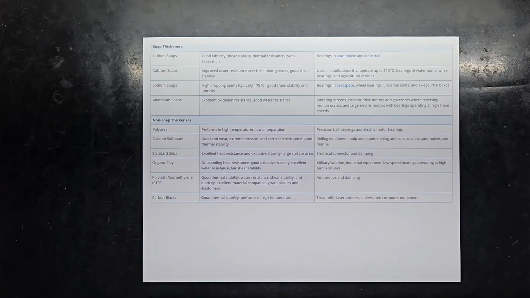And so during the grease manufacturing process, that water then has to get boiled off to make a pure thickener.